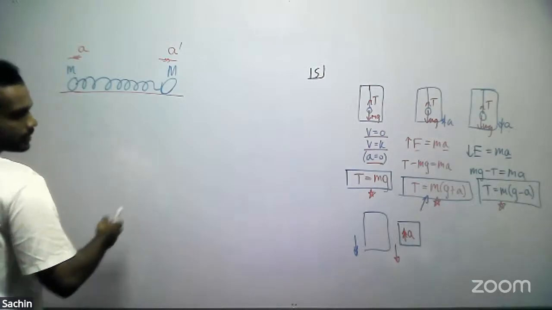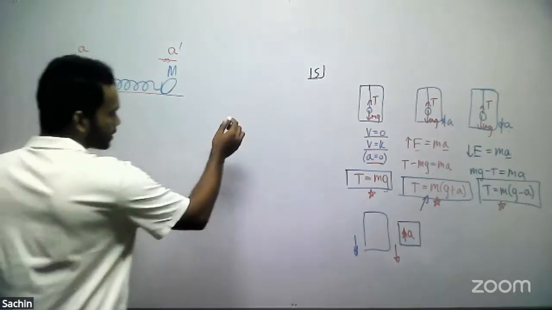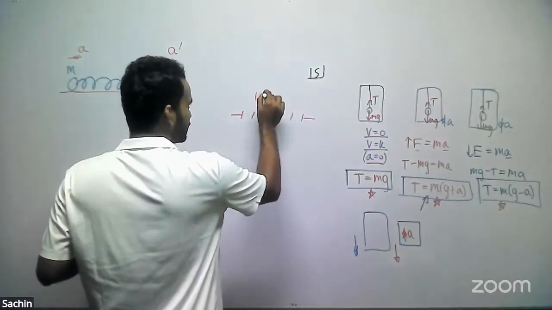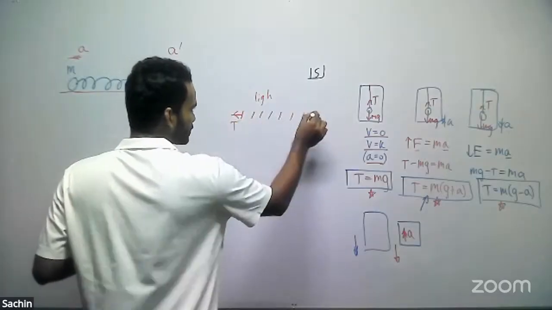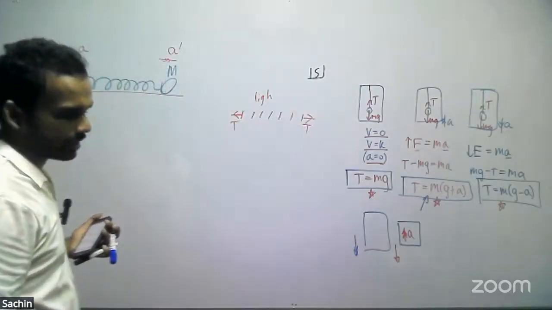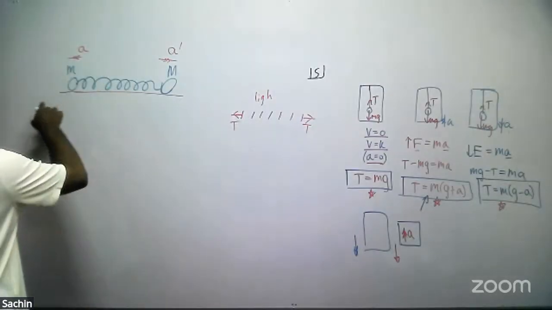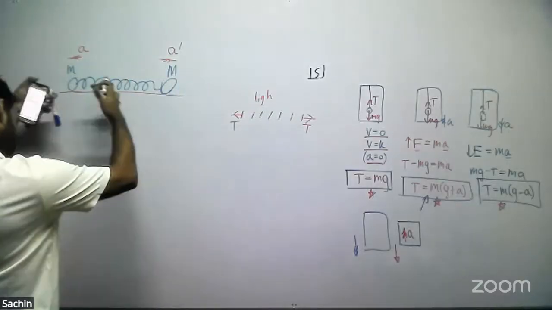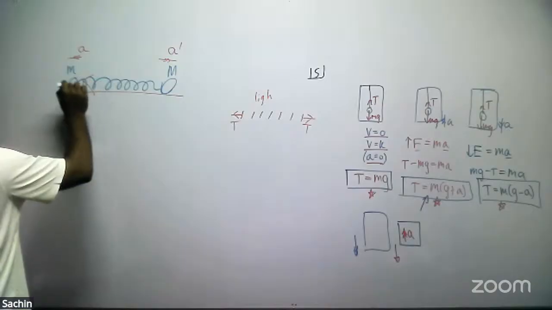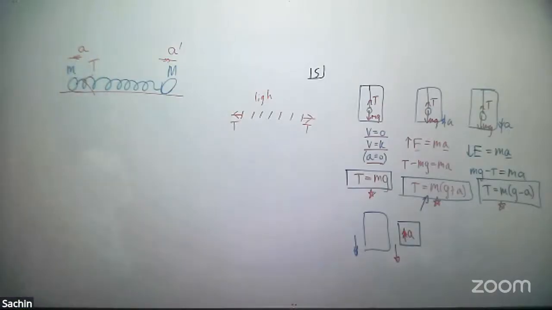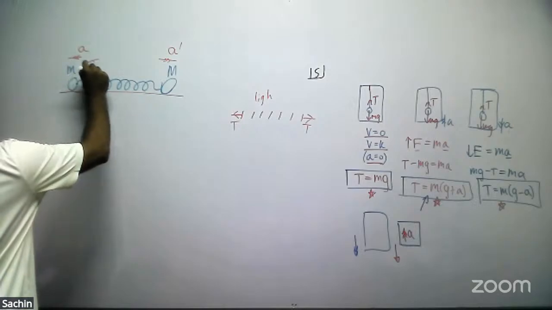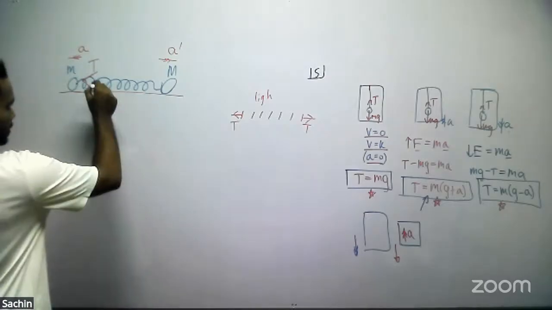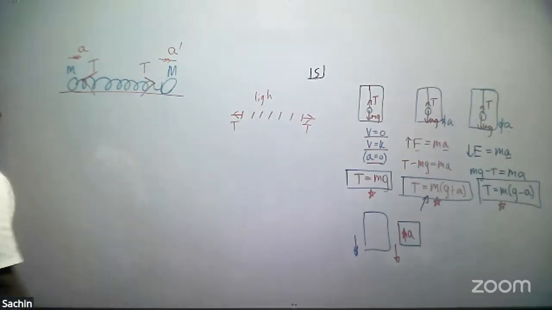Whether it is a spring or a string, if it is massless, light, remember the tension at each place is similar. So here when this is pressed, actually it is not a tension, it is a compressive force. The force developed on simple m is like this. The same force is developed on capital M as well.